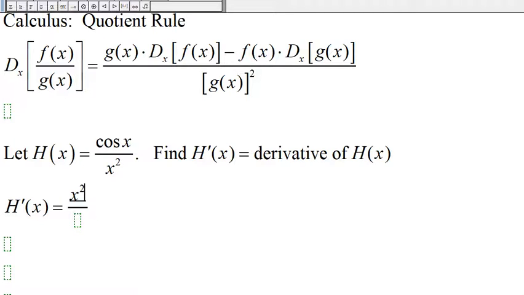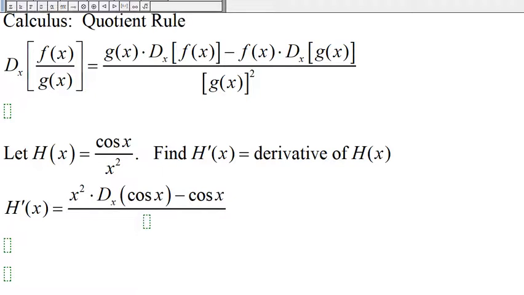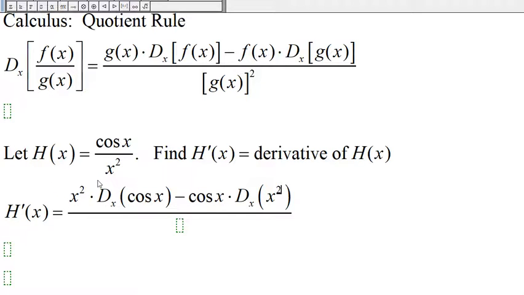So the x squared, and then times the derivative of the cosine of x, and then minus cosine of x, and times the derivative of the x squared. And then dividing by g of x squared, so it's going to be x squared and squared.